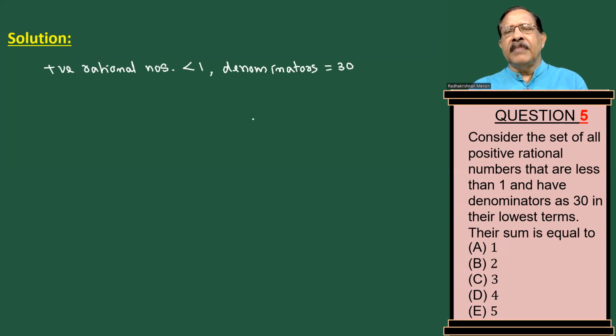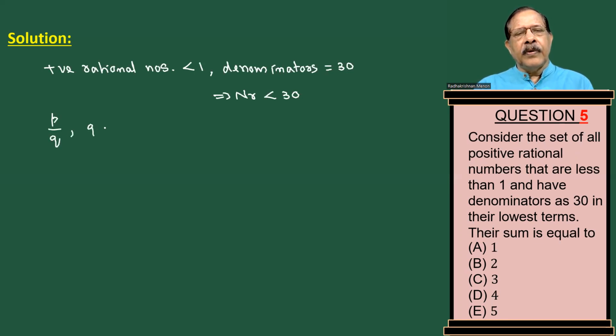So the numerator must be less than 30, is it not? Then only the rational number will be less than 1. So how many numbers are there? Rational numbers of the form p by q, where q is equal to 30 and p is less than 30. Positive.